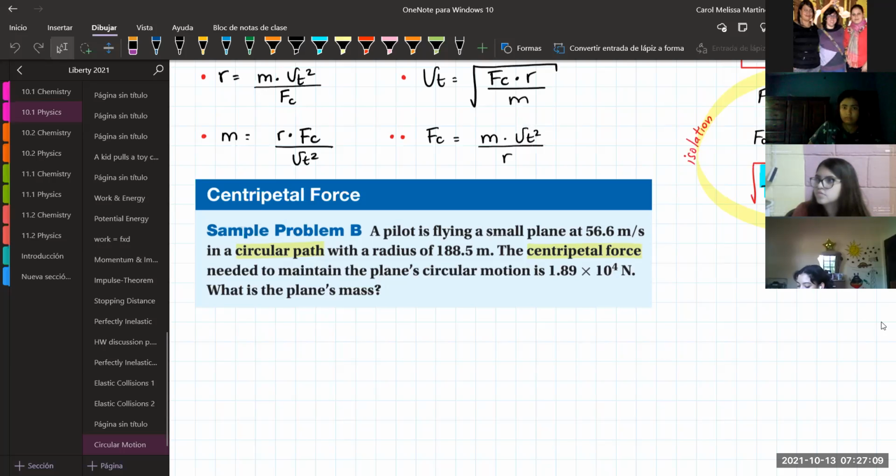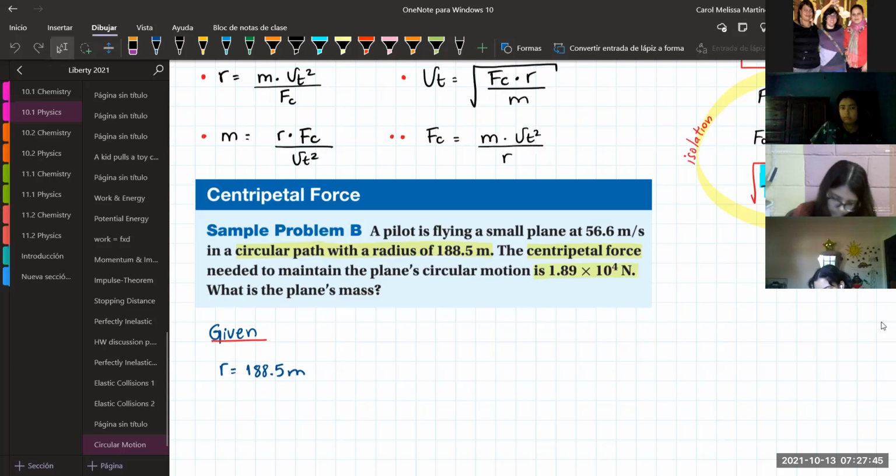So, I'm going to start by writing the givens. Okay, the circular path with a radius of 188.5 meters is going to be my first given. So the radius is 188.5 meters. The centripetal force needed to maintain the plane's circular motion is 1.89 times 10 to the fourth power Newton.